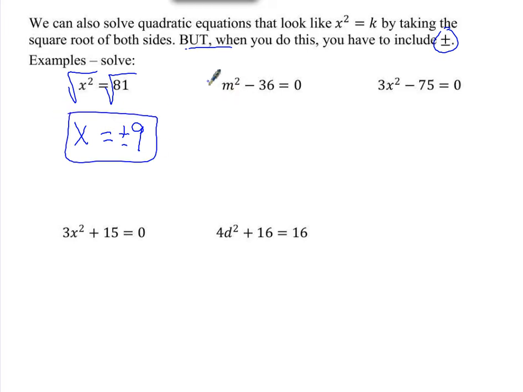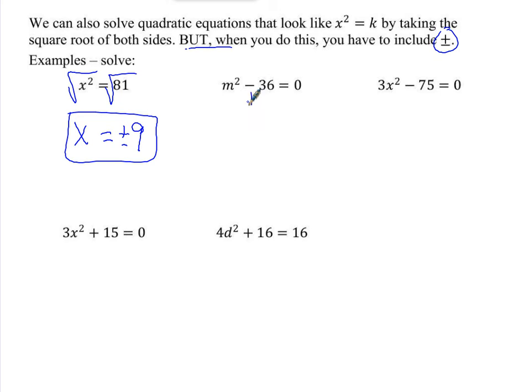Now this one looks a little bit different than this one, but what could I do here? Notice how this one looked. I had just x squared and I had the number on the other side. Do I have that going on here? No, so what could I do?